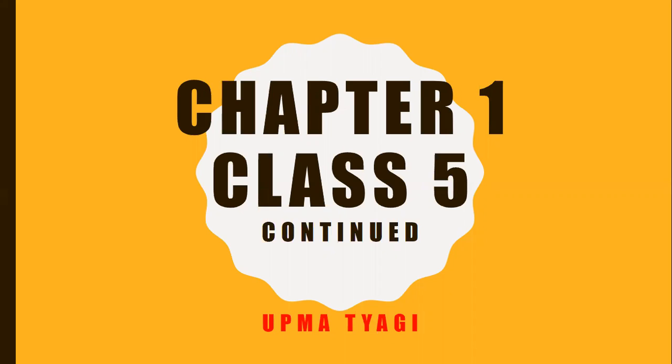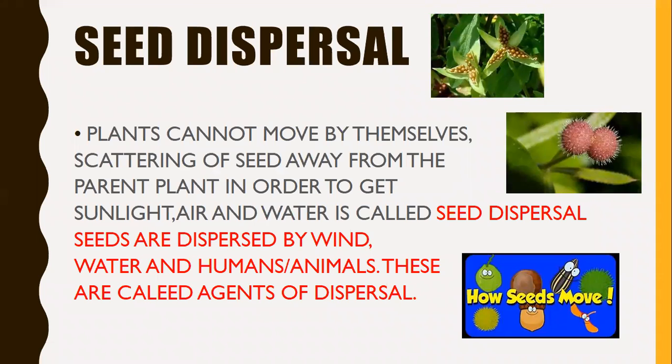Now let us start with seed dispersal. You all know that plants cannot move by themselves. If the seeds fall and grow beneath the parent plant, there will be overcrowding. There will not be enough nutrients, space, and warmth for each plant.